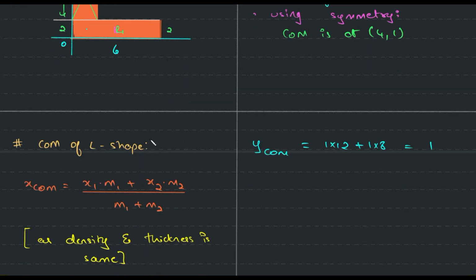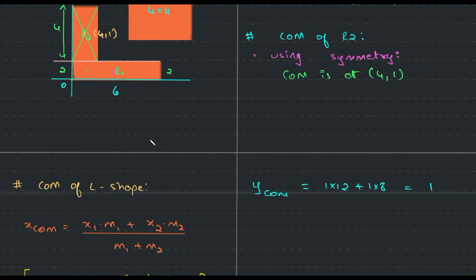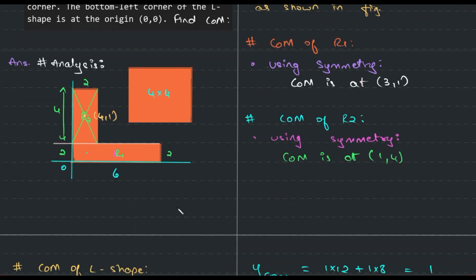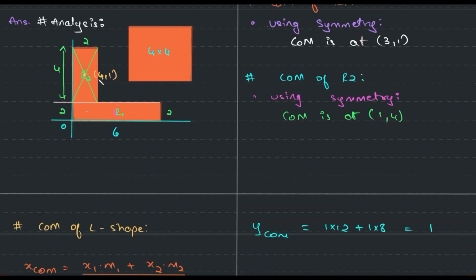And I think I did something wrong. Let me check. This is 3, 1, that's perfect. This is 1, 4. My bad, guys. I got a weird answer now. Sorry, this is 1, 4.